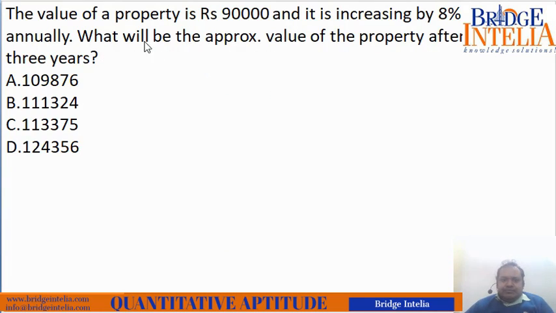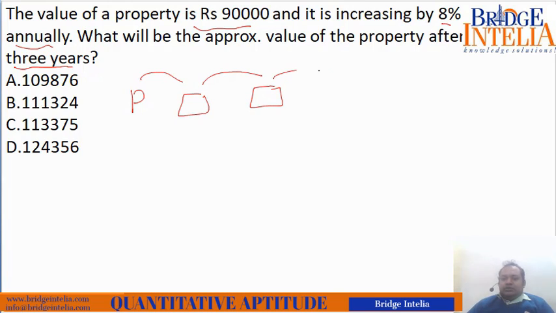So let's see this one. The value of a property is rupees 90,000 and it is increasing by 8% annually. So what will be the approximate value of the property after 3 years? So this is the original price, after 3 years. So 1, 2, 3. At what rate?